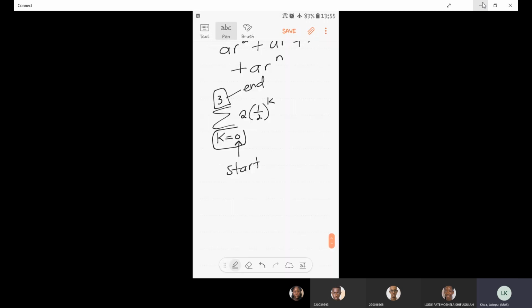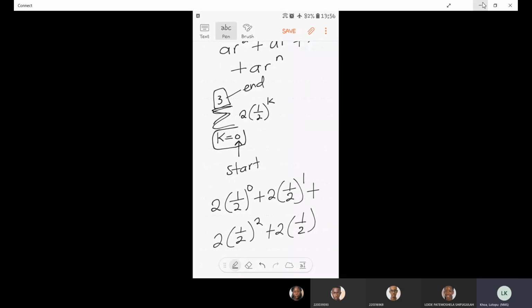So the sigma, remember, just means sum. Add up all those terms. So the first one will be 2 times half to the power of 0. Then 2 times half to the power of 1 plus 2 times half to the power of 2 plus 2 times half to the power of 3. And 3 is my end point because that is what it says over there.